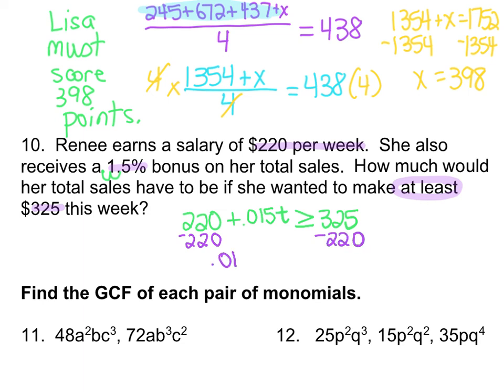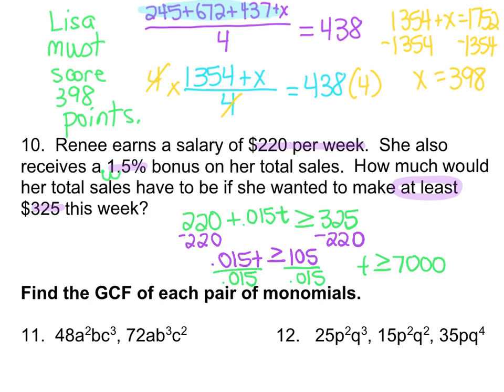I get 0.015t is greater than or equal to 105. Final step would be to divide by 0.015. And I would get t is greater than or equal to 7,000.